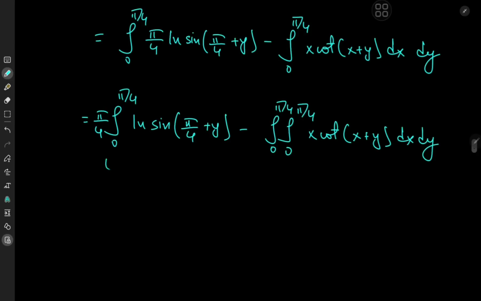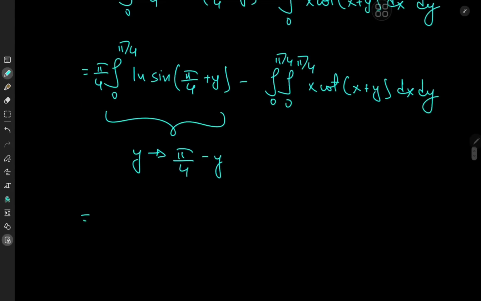Now for this integral, let's introduce a phase shift going from the x realm to the pi by 4 minus x realm, or in this case the y realm, that is, pi by 4 minus y. This means that we have pi by 4 times the integral from 0 to pi by 4 of log sin of (pi by 4 + pi by 4 minus y).